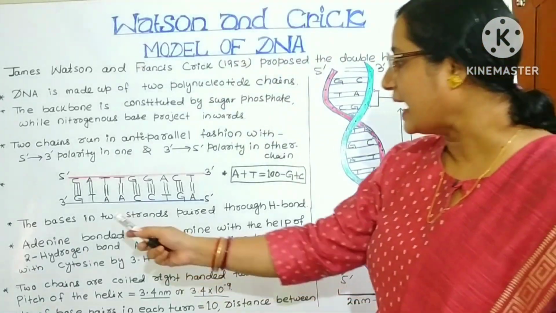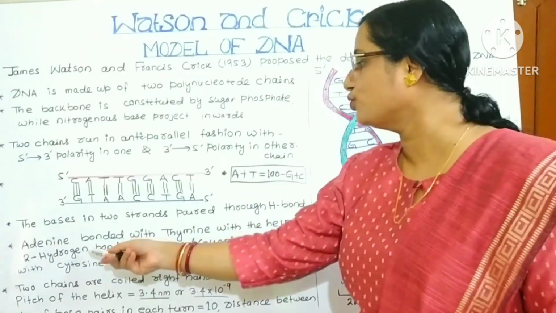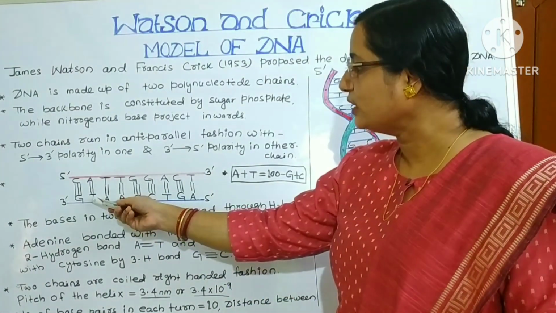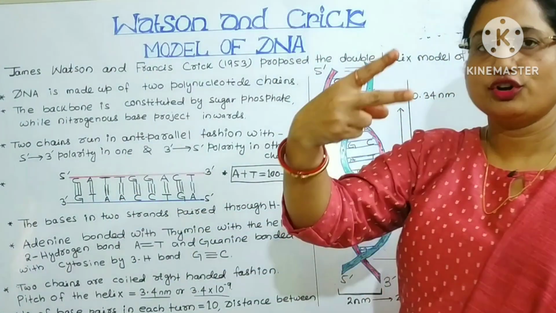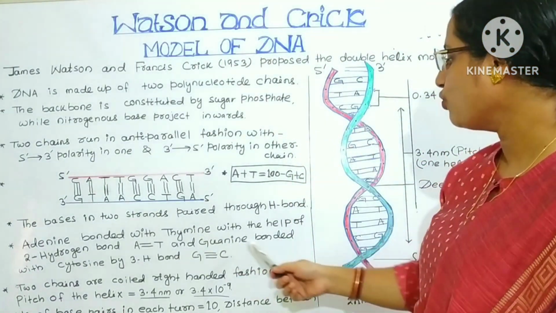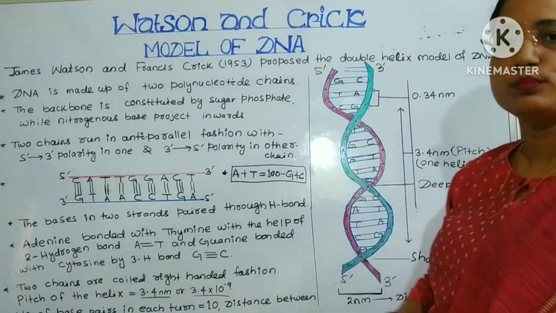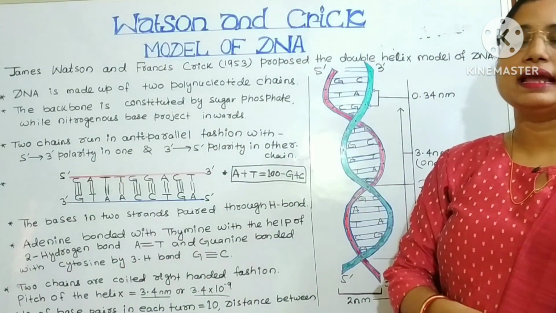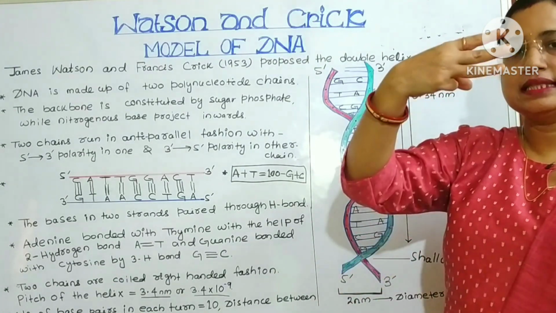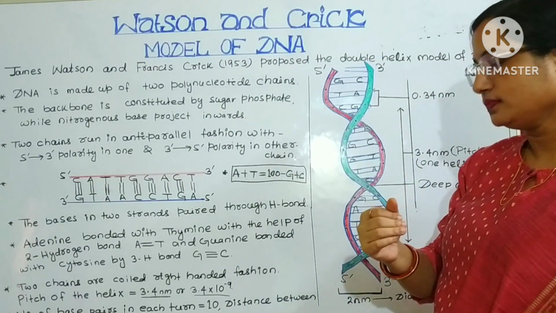Adenine always bonds with thymine by two hydrogen bonds, and guanine always bonds with cytosine by three hydrogen bonds.